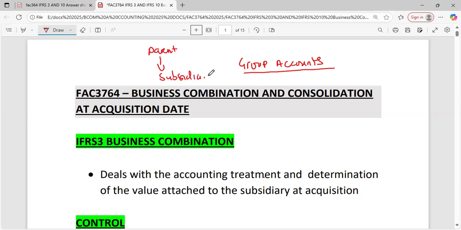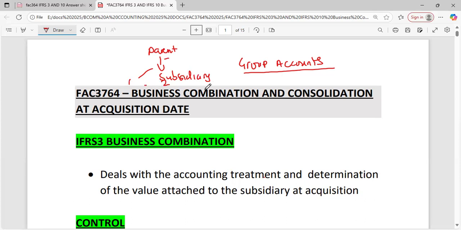If a company has a subsidiary, it can have one subsidiary or even two subsidiaries. It can have subsidiary 1 and subsidiary 2. So when we talk of consolidation, we are consolidating the financial statements of the parent and its subsidiary.